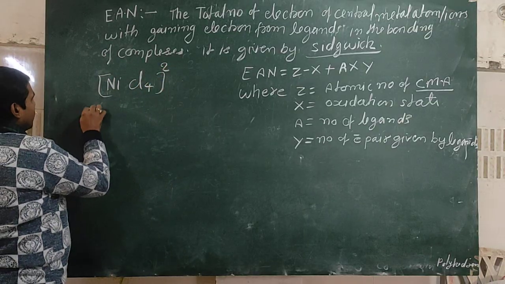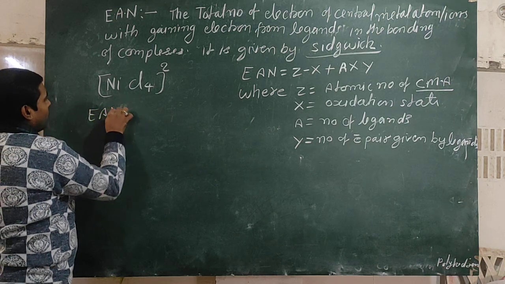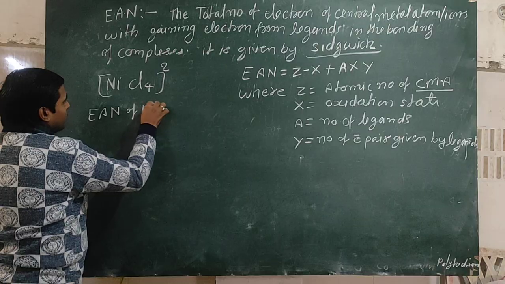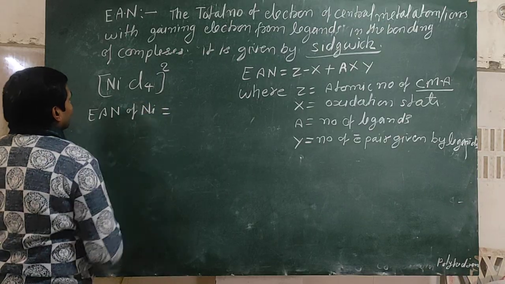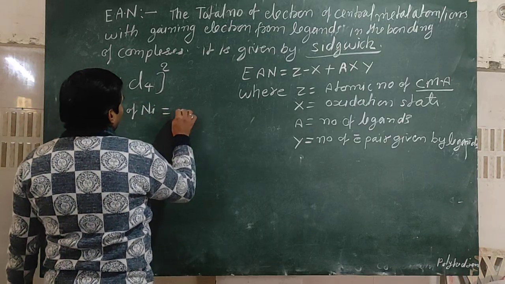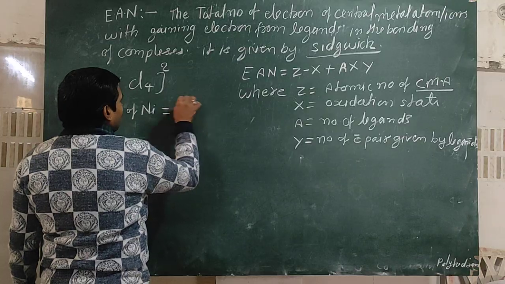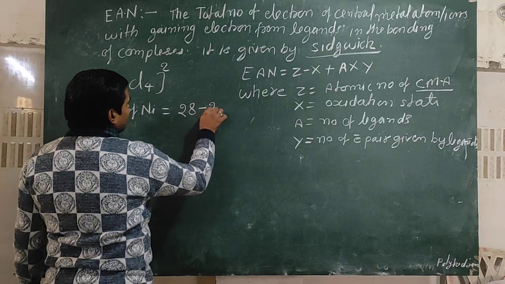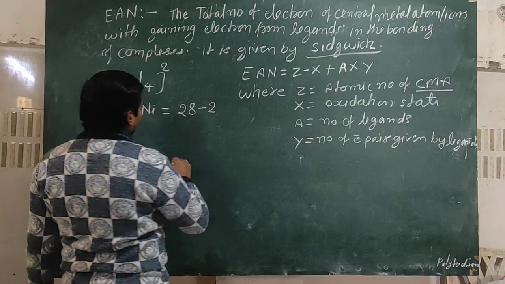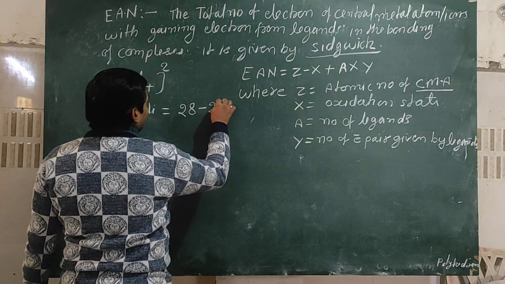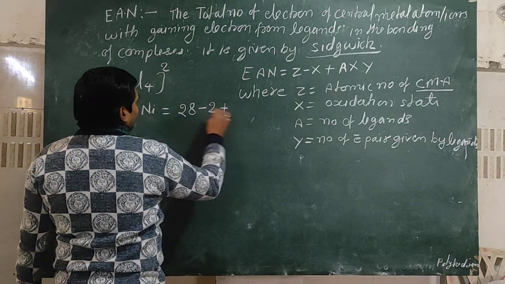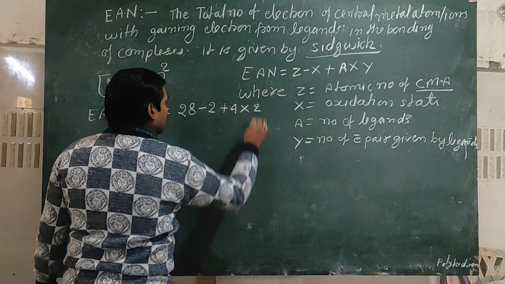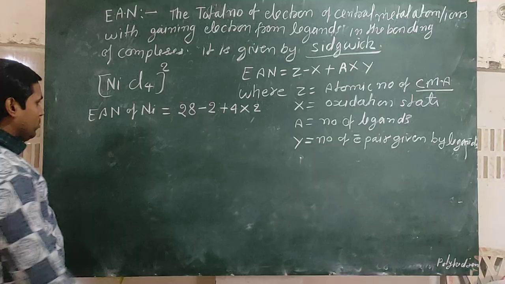In this situation, the EAN of nickel is the atomic number of nickel, 28, minus the oxidation state, 2, plus 4 ligands, each donating 2 electrons as a pair.